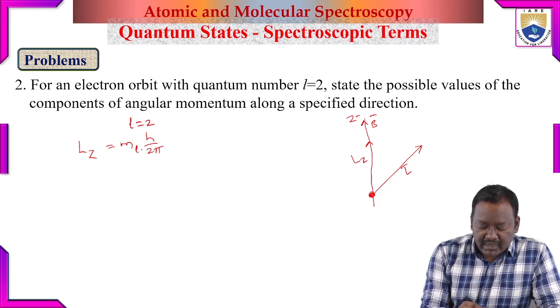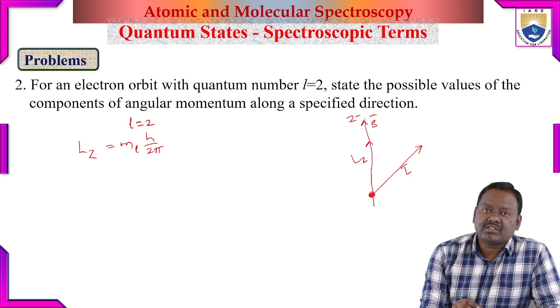Here ml is the orbital magnetic quantum number. It represents the different possible orientations of the orbital angular momentum.